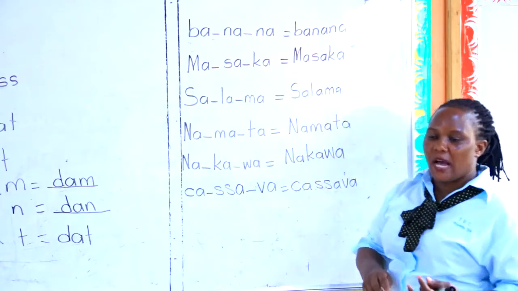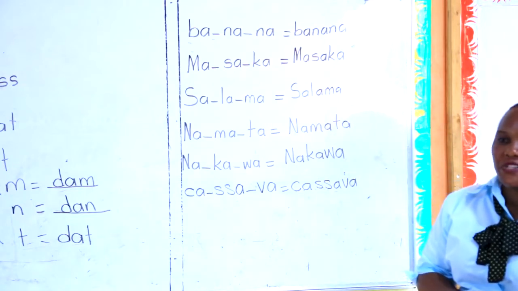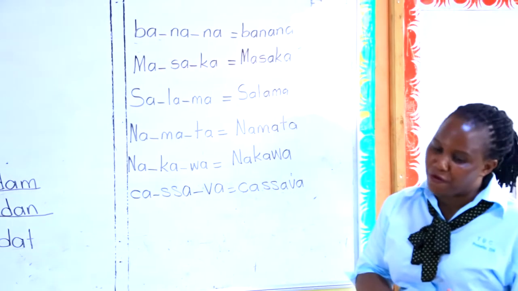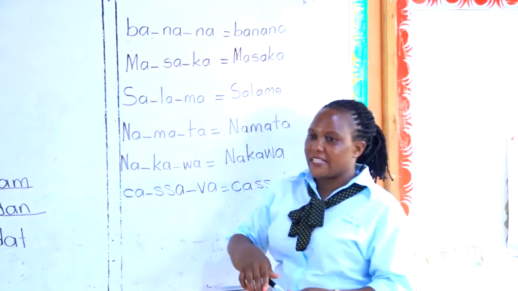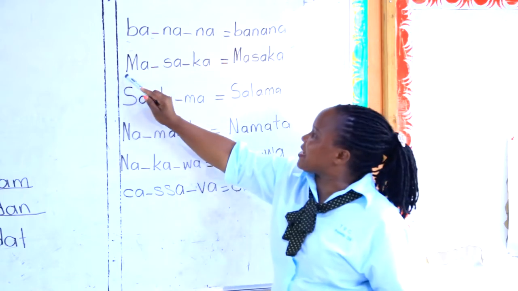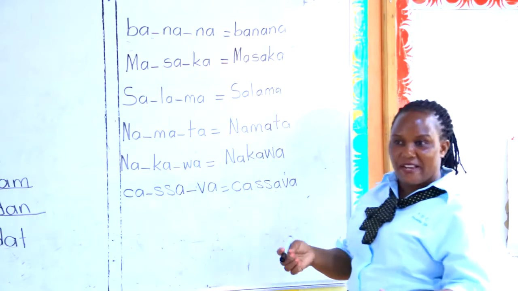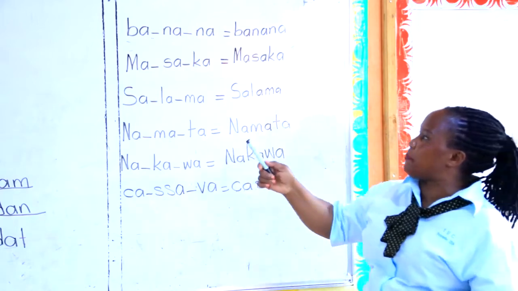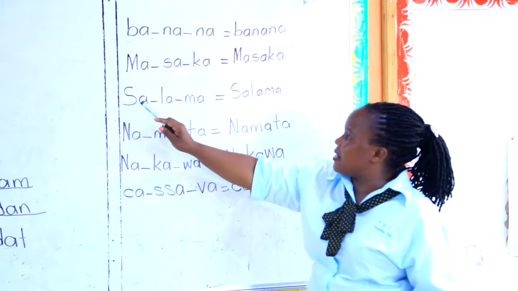Whenever writing a name of a place, a name of a person, or a special name of something, you have to start with a capital letter. That's why I've used a capital letter here on the word Masaka. Masaka is a village, so it has to start with a capital letter. Good. We are here.